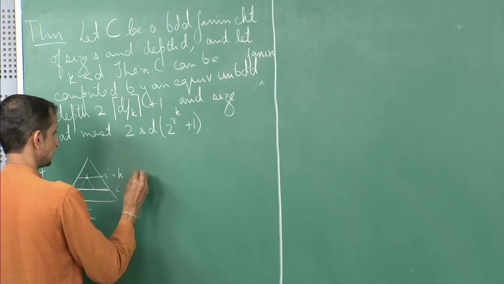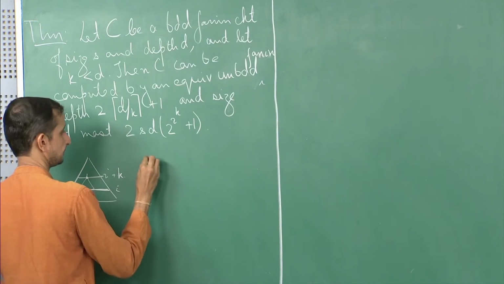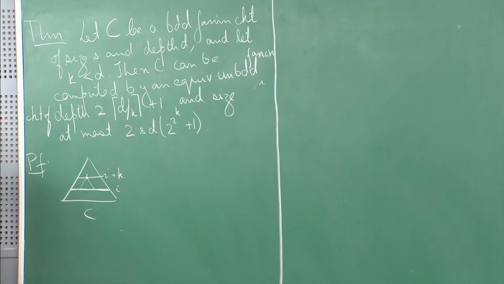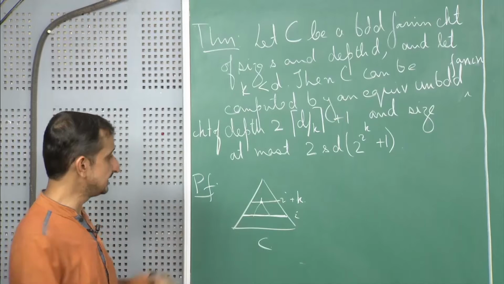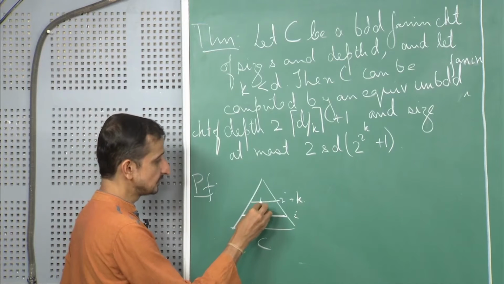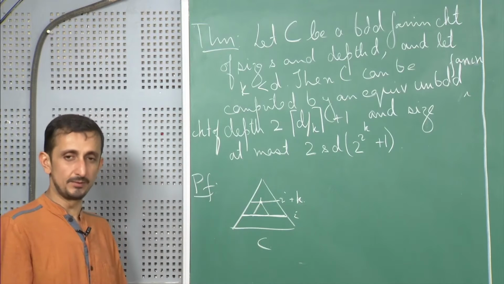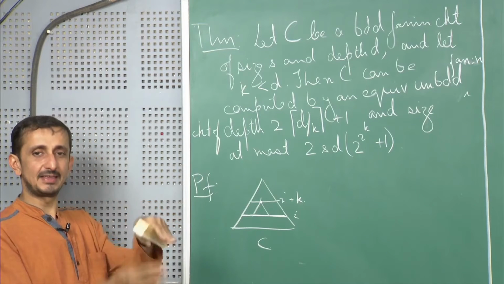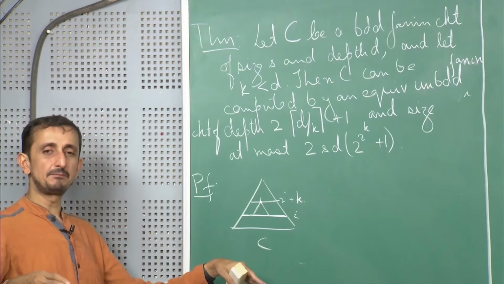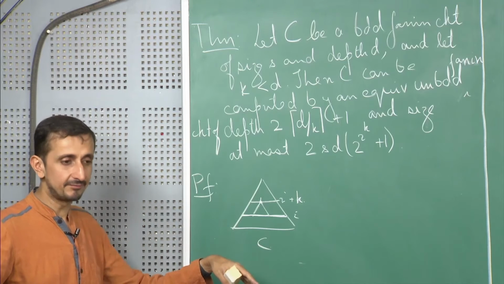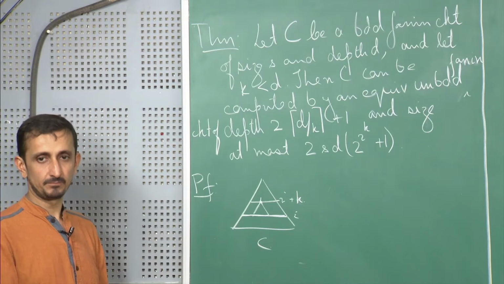I'll give the argument informally. Every gate here has at most 2 inputs. So if I go down by k levels, the tree can have at most 2 to the power k leaves of depth k.